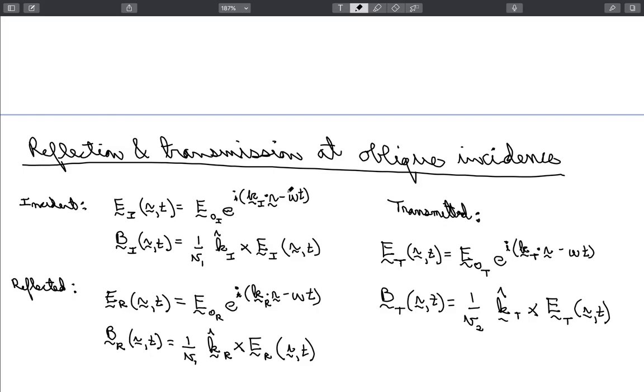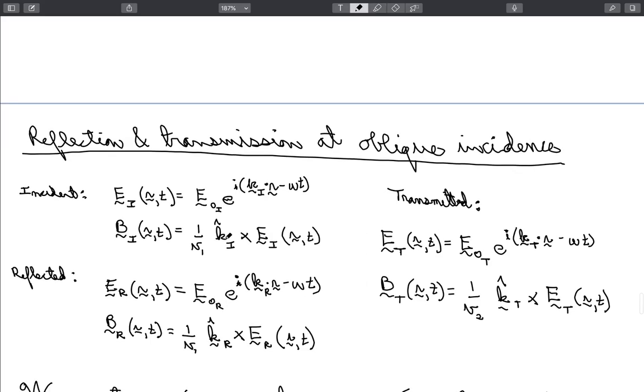Now, in the plane wave expression, there's a k incident, which is a vector dotted into r, minus omega t. We've seen for plane waves that the magnetic field is just given by 1 over the velocity of propagation, times the propagation direction crossed into the electric field. So the magnetic field is perpendicular to the electric field, and both are transverse to the propagation direction.